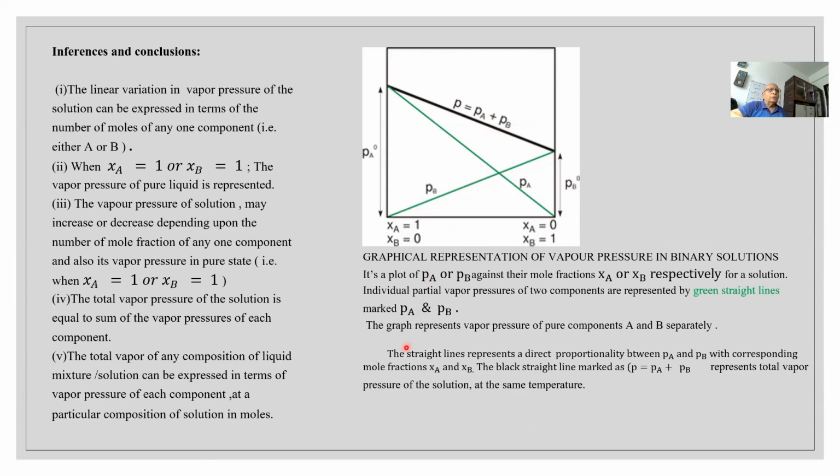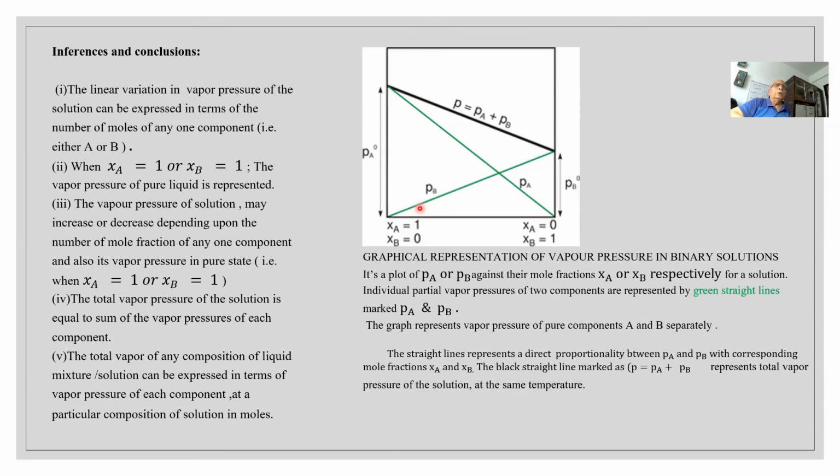So graphical representation is very important. To make us more convenient, we have drawn this with green line, and the other one representing the total pressure is given with black line, dark black line. Green line represents, of course, it is a straight line.